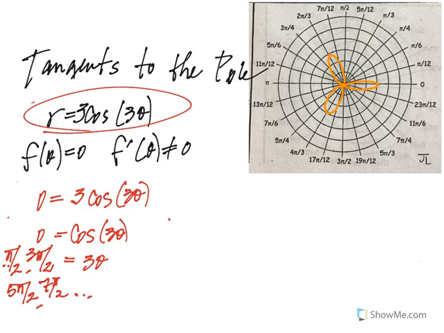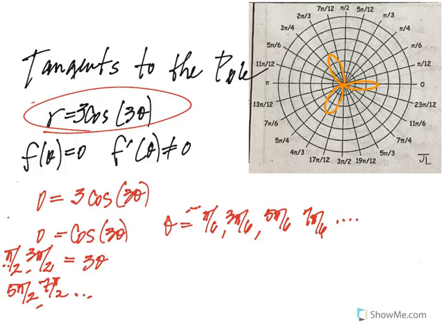So my theta turns out to be pi over 6, 3 pi over 6, or pi over 2, 5 pi over 6, 7 pi over 6, etc. in both directions.